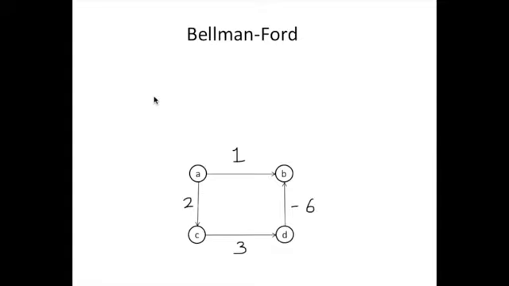Another algorithm is Bellman-Ford's algorithm. This algorithm is for finding the shortest path. Just now we saw that the Dijkstra algorithm was unable to always find the path perfectly if there are negative edges. So it may work, it may not work perfectly. Here we have another algorithm which always works when there are negative edges, though it also has its drawback.